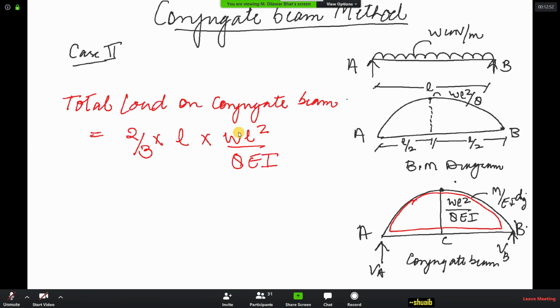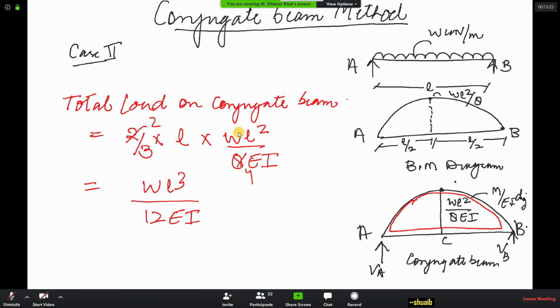This is the total load on the conjugate beam, which is carried by the conjugate beam supports, that is VA and VB.